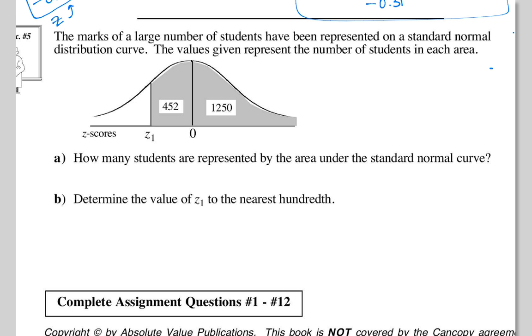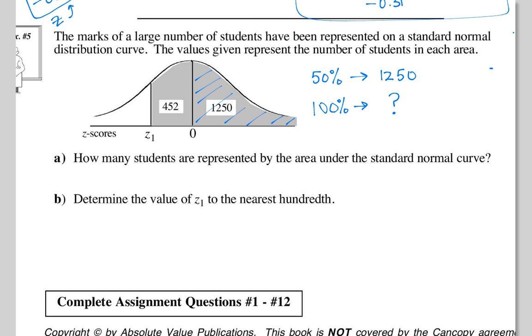I want you to think about this for a second. What do you know about this section of the curve colored in blue? What percentage is that? So 50% is 1250 in terms of number. So what would 100% be? You guys see that? If half the population is 1,250 students, what's the full population?